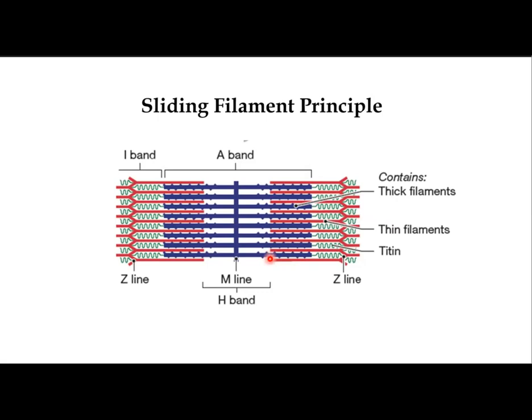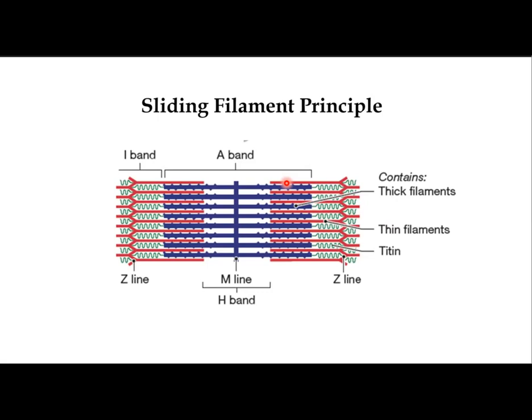So when muscle contracts, the two proteins, myosin and actin: myosin is the thick filament here, the blue one, and the actin, which is the thin filament, the red one here, they need to connect somehow in order that they can do a movement.